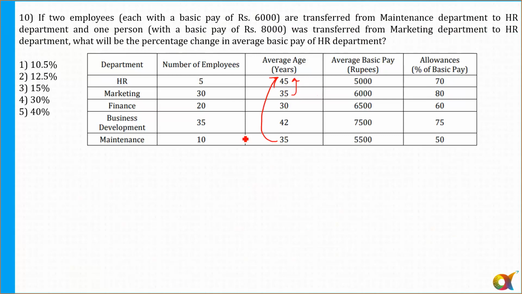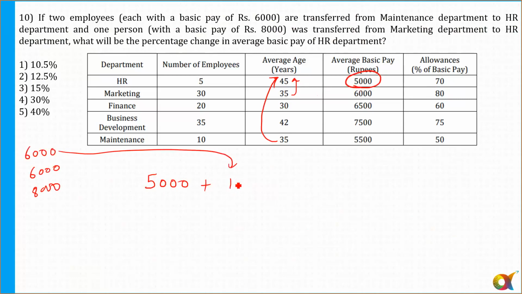So the present average is 5,000. Now 3% such money: one with a basic pay of 6,000, another with 6,000, another with 8,000.